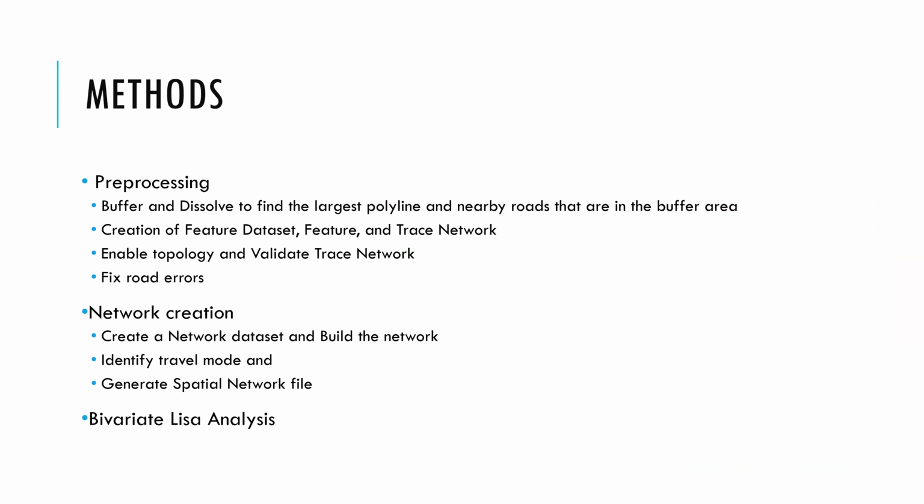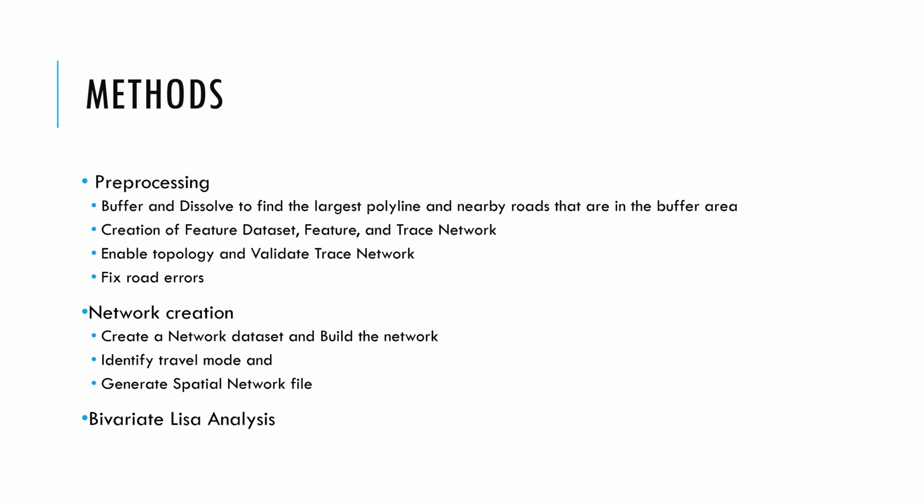To begin with, I started with the pre-processing, where I took the raw output from OpenStreetMap and converted that into a complete polyline feature that had lines attached and no dangles or unconnected roads.